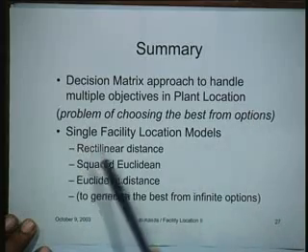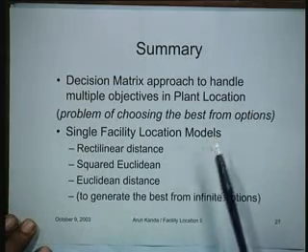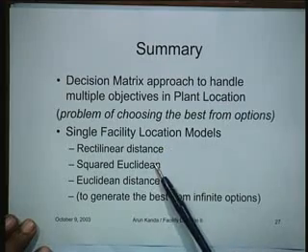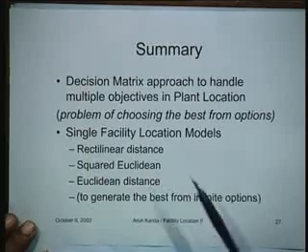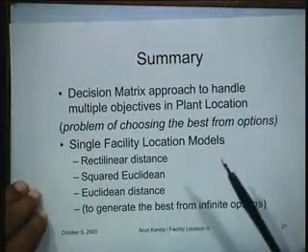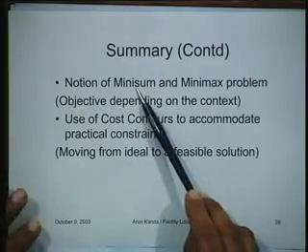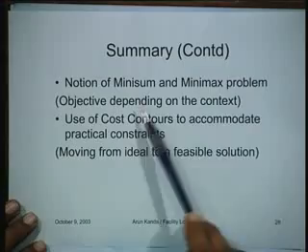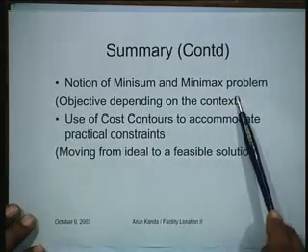And then we have the single facility location models. We talked about the rectilinear distance, the squared Euclidean distance, the Euclidean distance, where the objective was to generate the best from the infinite options which are available. And finally, we talked about the notion of minisum and minimax problems, where the objective could change depending upon the context.